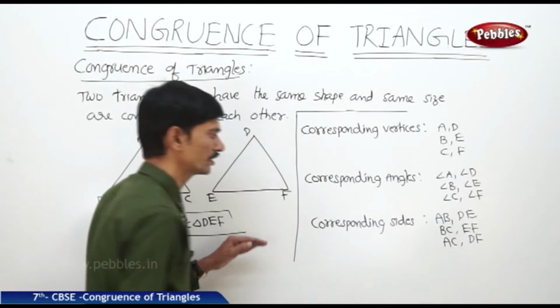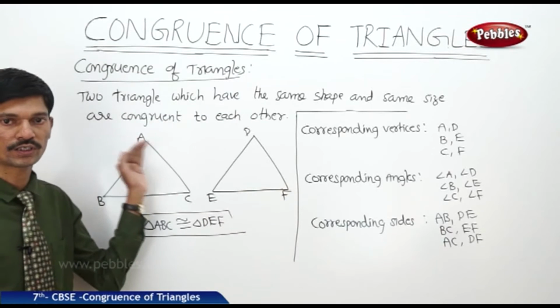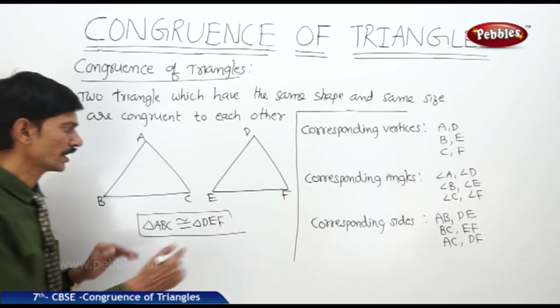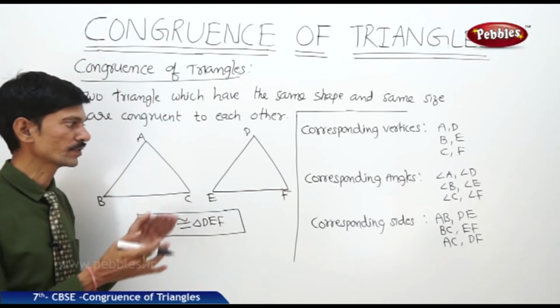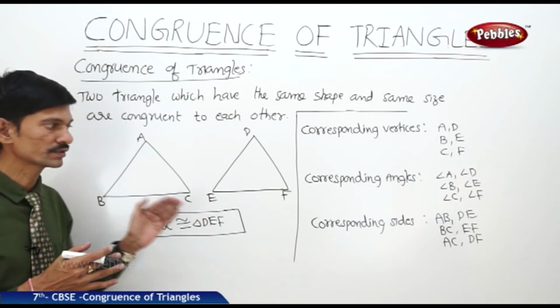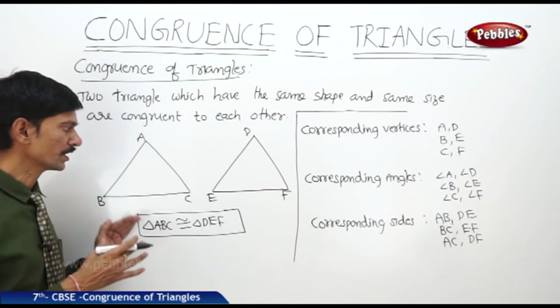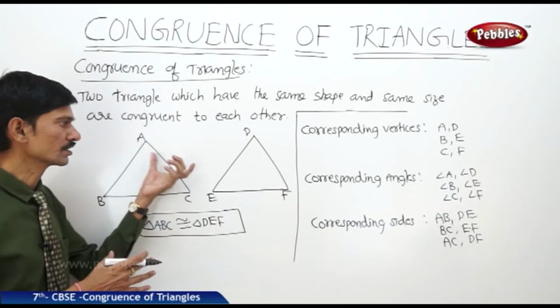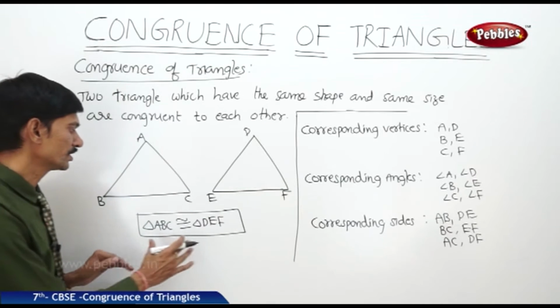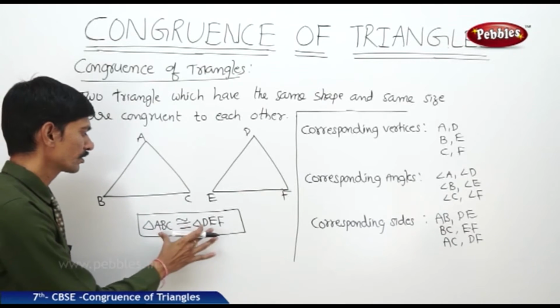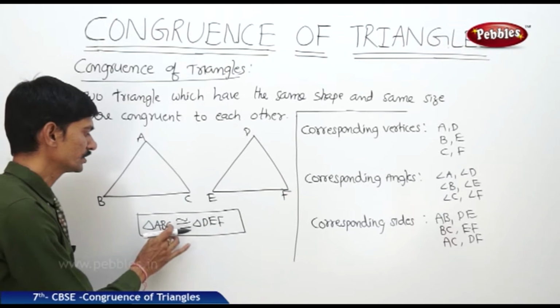So these are the corresponding sides of the two congruent triangles. Whenever we write the corresponding sides, vertices or angles, we must maintain the order. That is based on the congruence of the two triangles ABC and DEF.